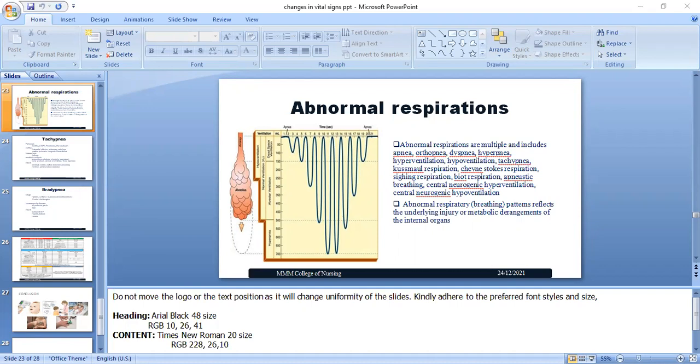This chart will give you basic vital signs from neonates until adolescence. In neonates, when they are awake, their heart rate would be around 100 to 205, and when asleep, 90 to 160.